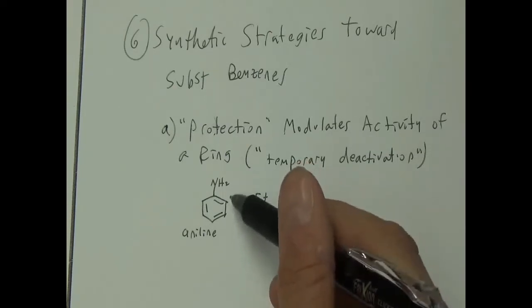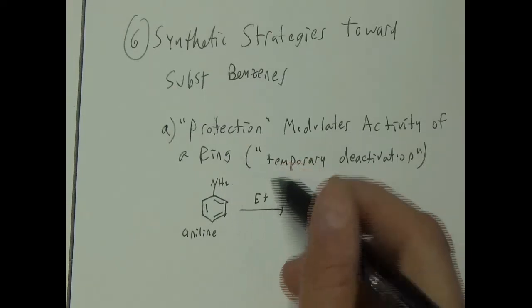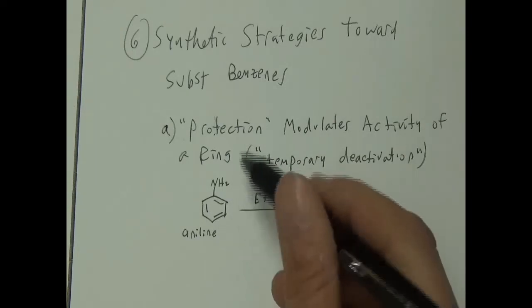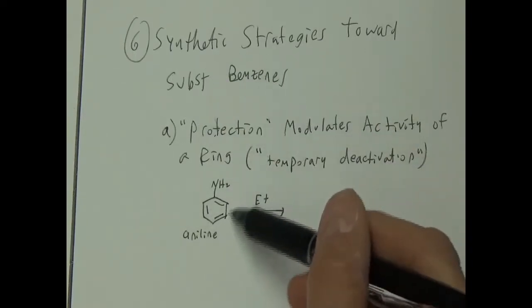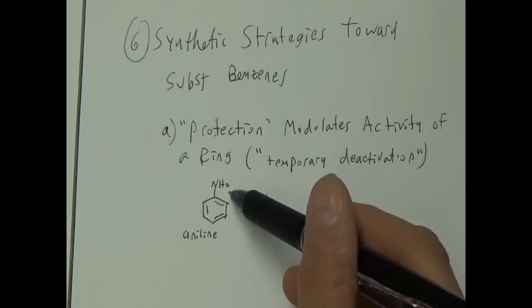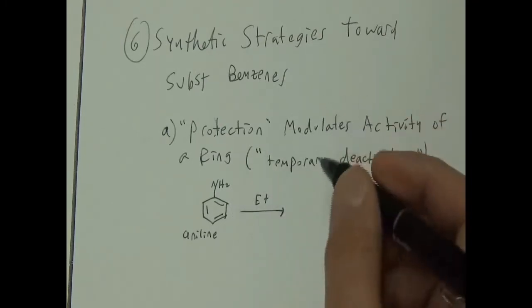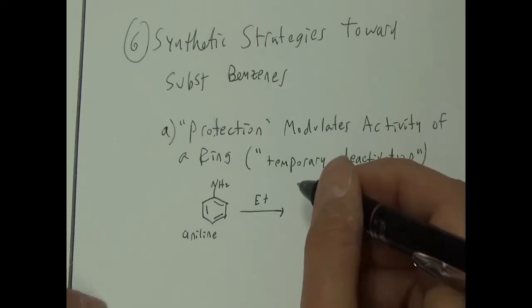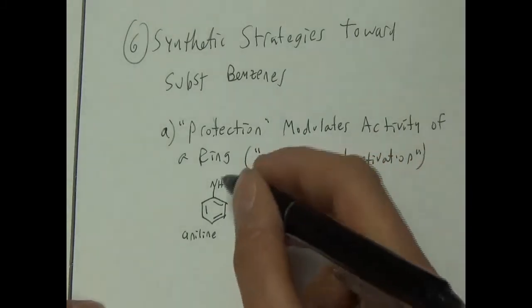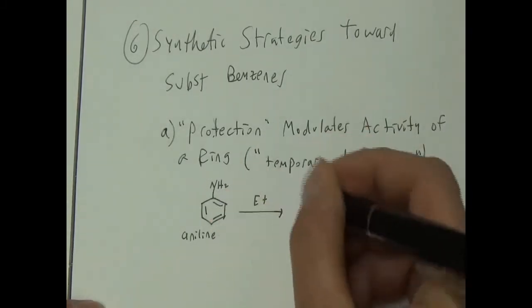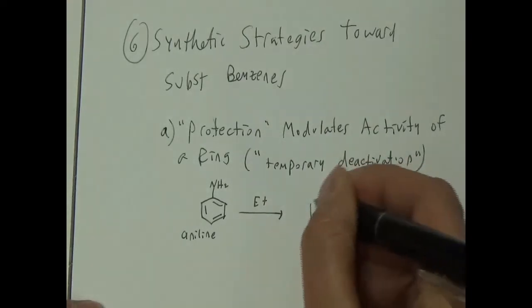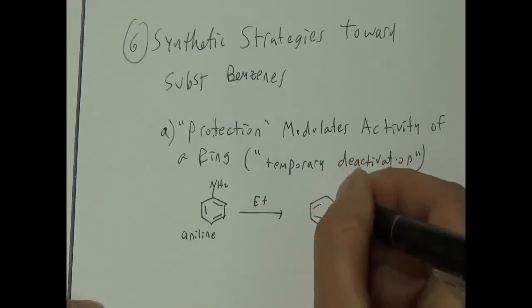We know NH2 is an activator. If you remember the last section, number 5, we talked about the greatest activators. Well, this is an incredible activator. This is in the super active group, to the extent that it's actually a problem. NH2 will activate the benzene, and you will likely get 3 electrophiles incorporated.